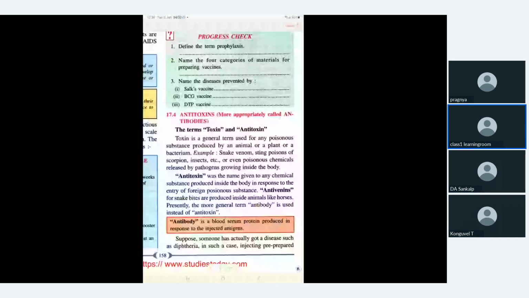So antitoxins are against toxins; anti means against. Antivenins are against venom, snake venom.